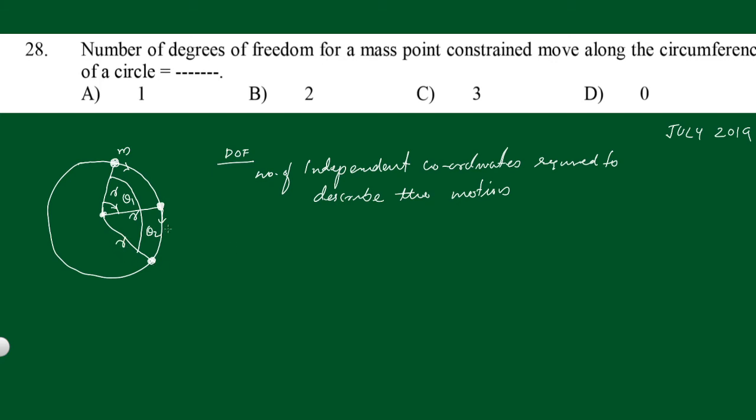So to describe the position of this particle, this mass point, we need two coordinates. One is r and one is theta. r is always constant, so the only varying parameter is theta.